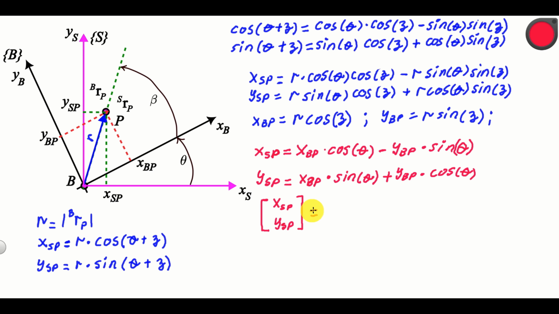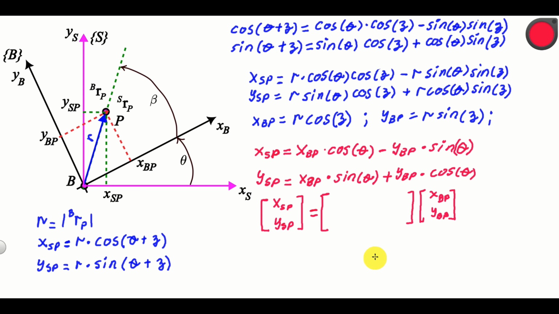Then over here, we will have a matrix, and we will fill in the entries of this matrix later on. However, for the time being, let's fill in the entries of this vector on the right hand side. On the right hand side, we will have XBP, and we will have YBP.